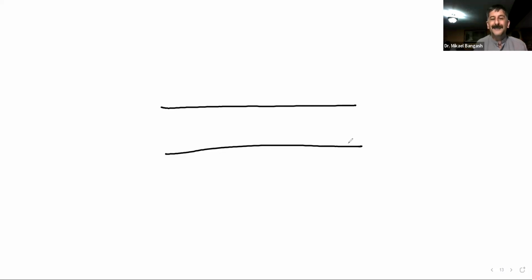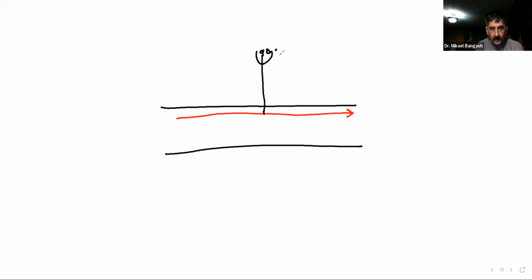And we just fill it up with blood. Let's say that for the red instance, the blood is flowing this way. What would that mean? Let's mark our 90 degree angle here, because this 90 degree angle is going to be equal to 0, right?